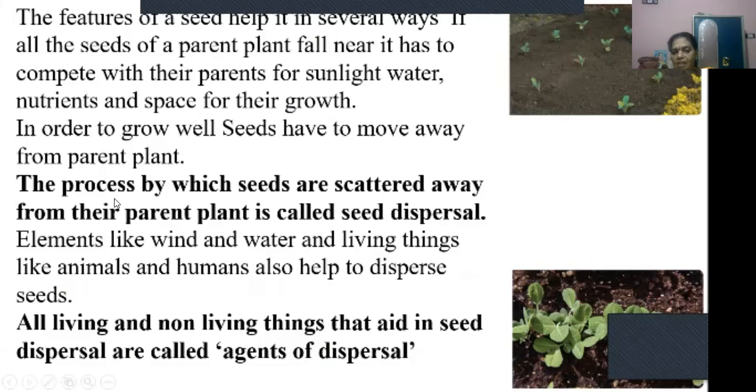The process by which seeds are scattered away from their parent plant is called seed dispersal. Elements like wind and water, and living things like animals and humans, also help to disperse seeds. All living and non-living things that aid in seed dispersal are called agents of dispersal.